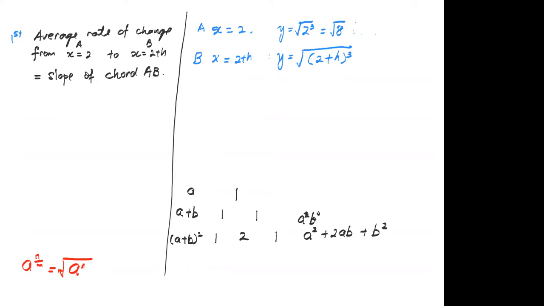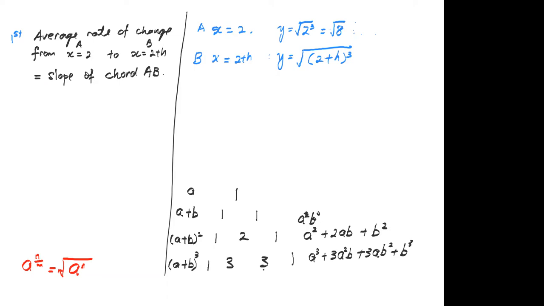So the expansion for (a + b) cubed will be 1, 1 plus 2, 2 plus 1, and 1. So this is called Pascal's triangle. That is how you go. So the expansion will be a cubed plus the coefficient of the second term 3, a squared b, plus 3ab squared, and plus b cubed.